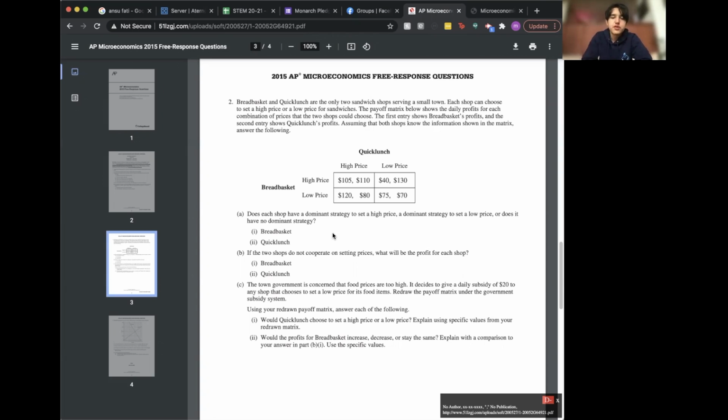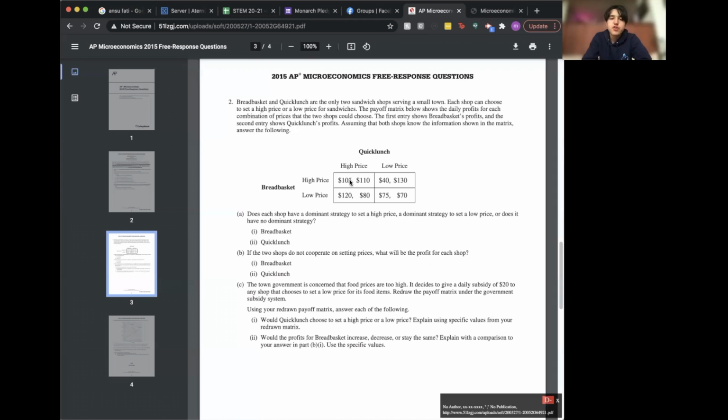So first, let's look at Breadbasket. We're going to have to compare if Breadbasket should be going at a low price or a high price, depending on whether Quick Lunch goes for a high or low price. First, let's start if Quick Lunch goes for high price.